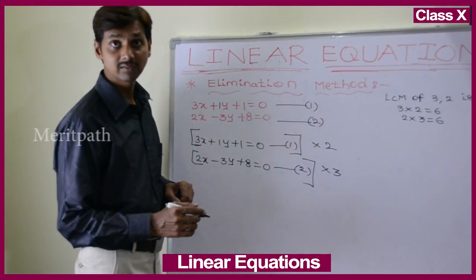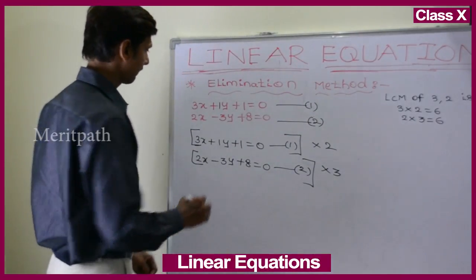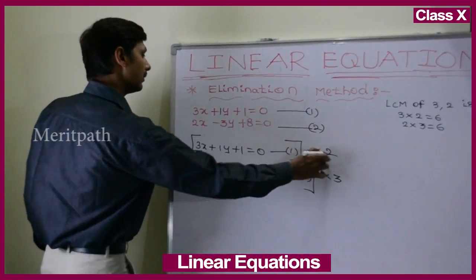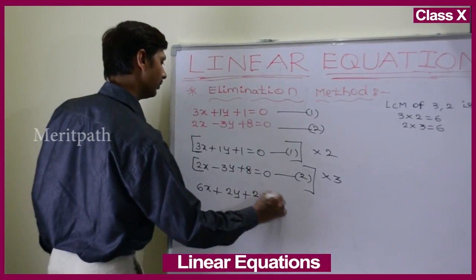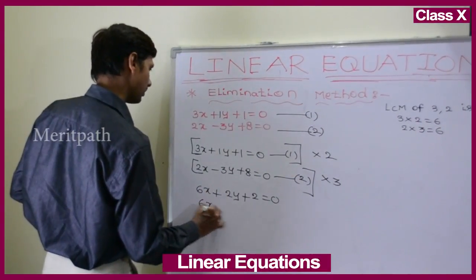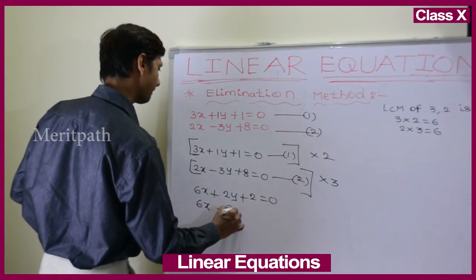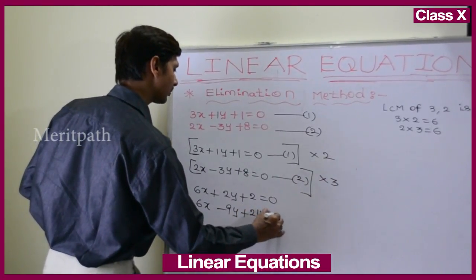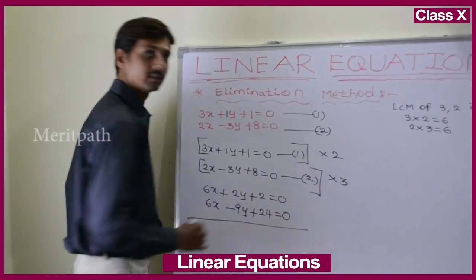After multiplication, let us see what values we get here. 2 threes are 6, so 6x. 2 ones are 2, so 2y + 2 = 0, the first one. Second one: 3 twos are 6x, 3 threes are 9y, plus 8 threes are 24, equals 0, the second equation.